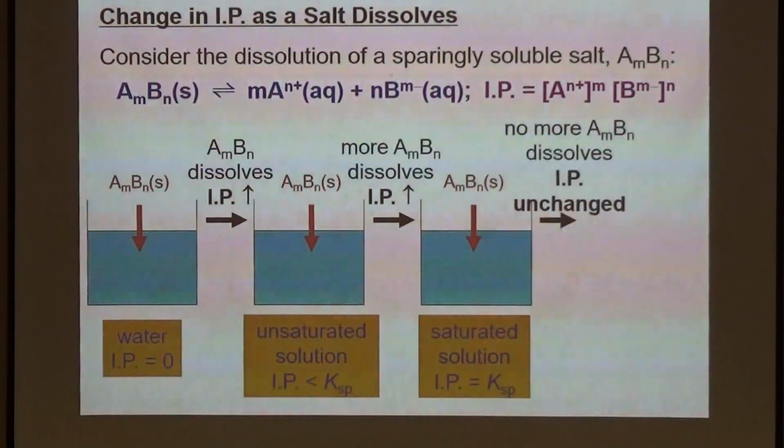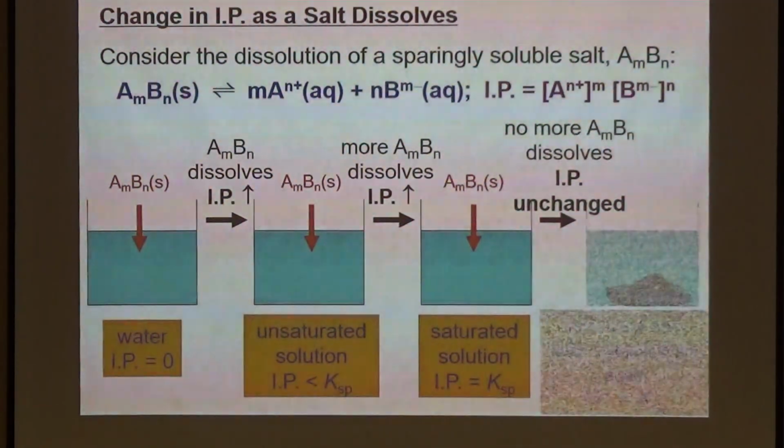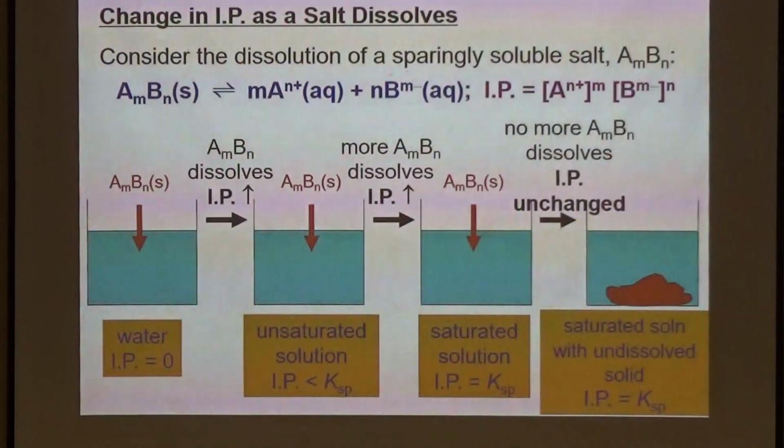You can just keep adding salt to a glass of water, and eventually you will reach a point where no more of the sodium chloride will dissolve. Then you have a saturated solution with undissolved solute, and the ionic product has reached the KSP value. So the KSP represents a maximum.